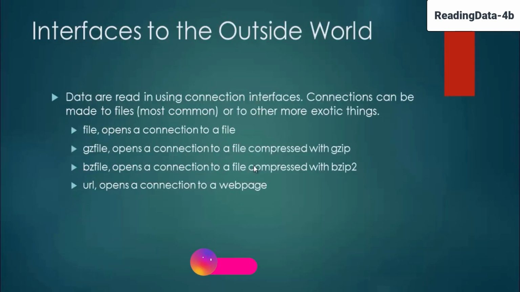Here you have taken files which are saved in your local system, so how can you take files which are available on websites all over the world? There are certain interfaces called connection interfaces.